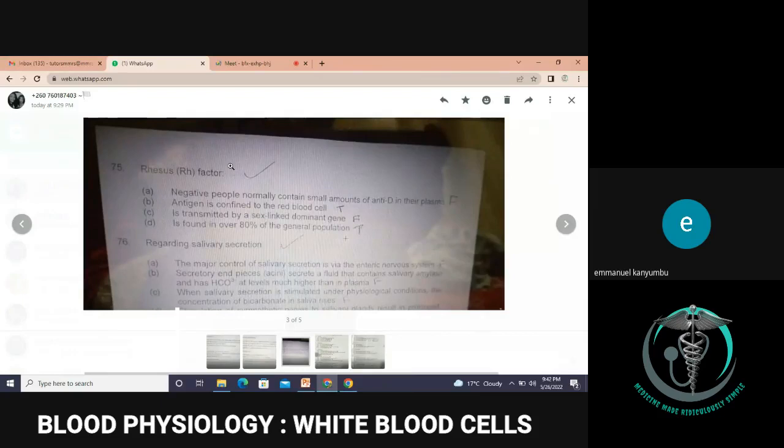Where is the antigen D found? On the surface of the red blood cells, meaning that it's confined to the red blood cell. So I think this one is true. Okay. C, someone to come through.